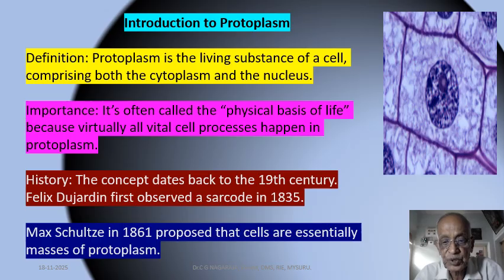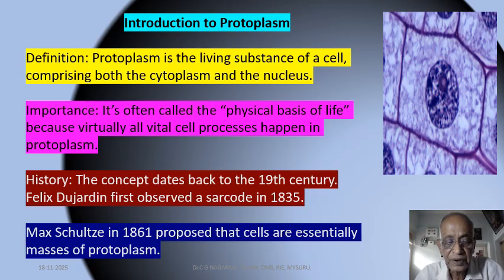But when you come to science, we have to explain that on the basis of the physical basis. That means whatever the material present inside. So when you look at that, the entire process in a cell happens because of the chemicals present inside. And that's why it's called the physical basis of life.